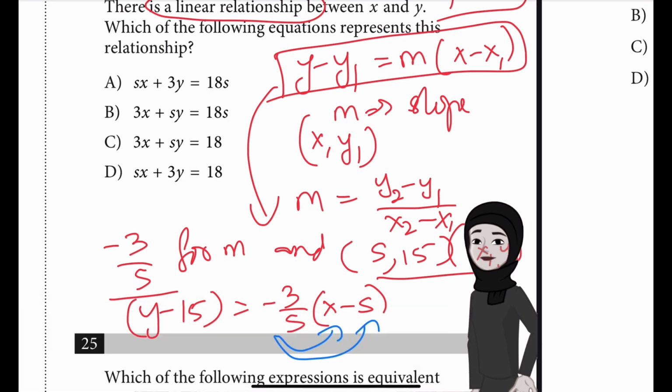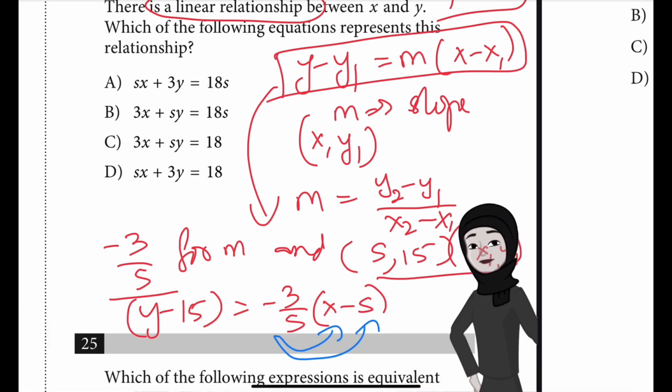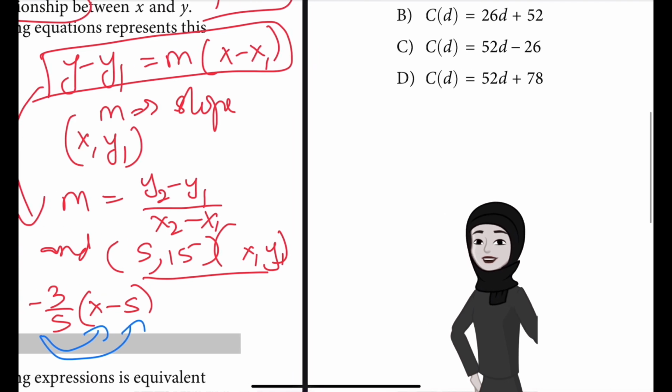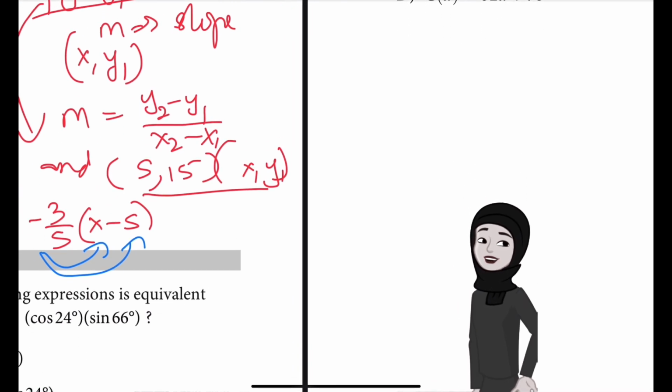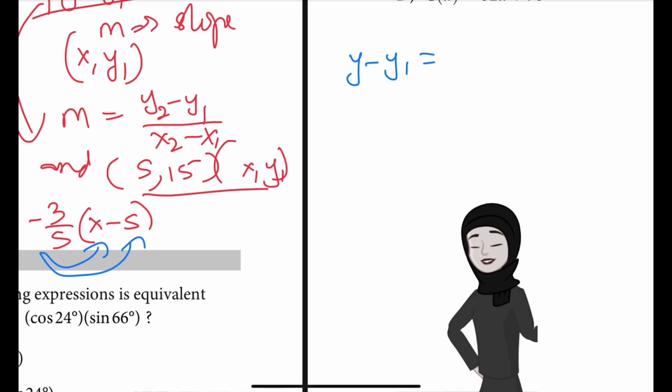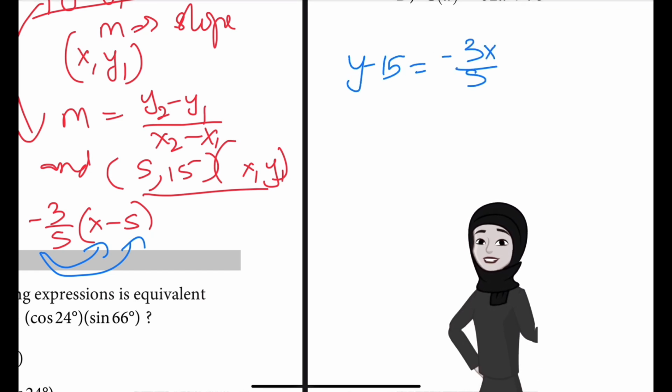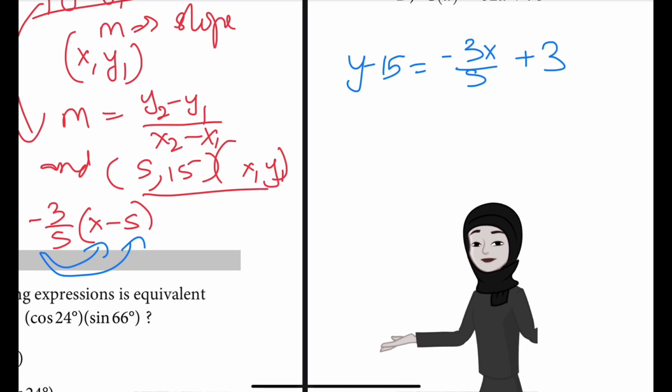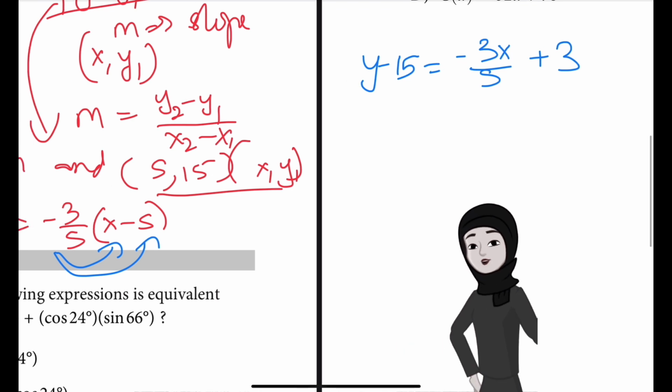After that, let us distribute this minus 3 by s to both the terms inside the parenthesis on the right hand side of the equation. So once we do that, we will get y minus 15 is equal to minus 3x by s plus 3.